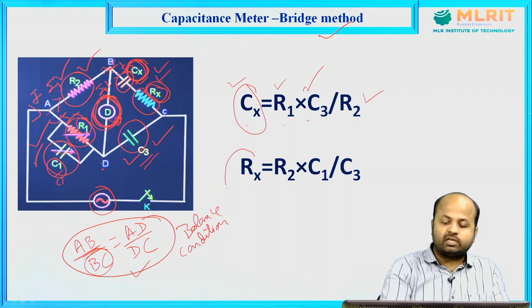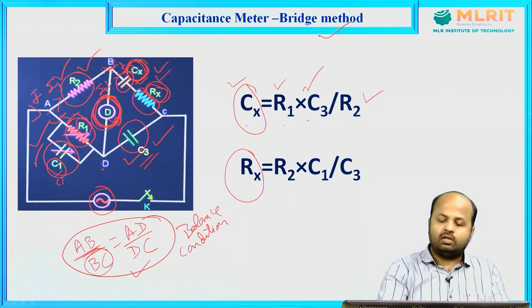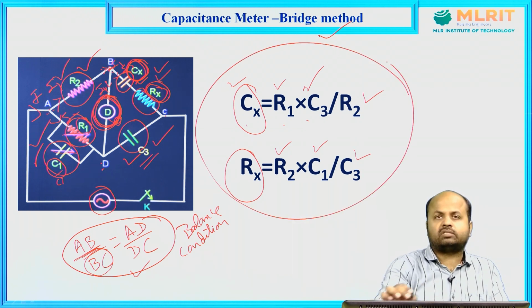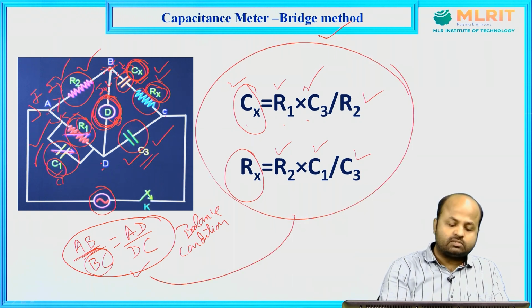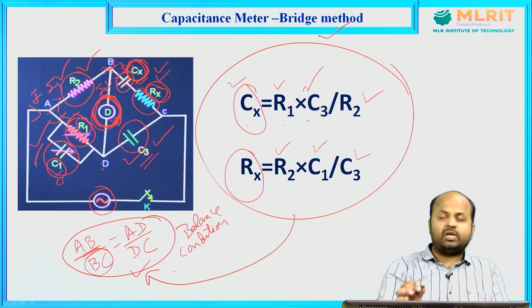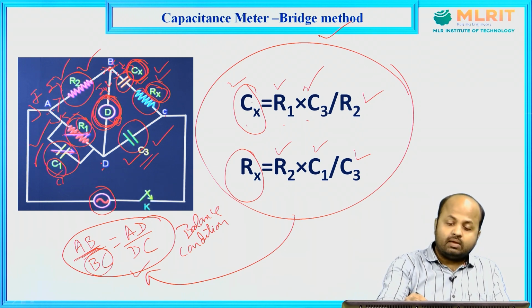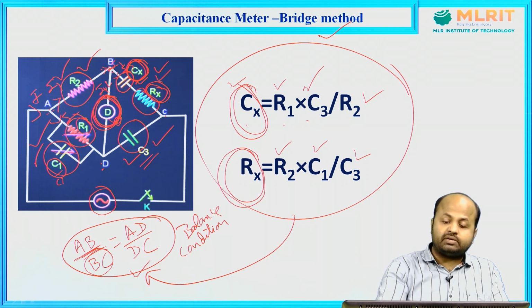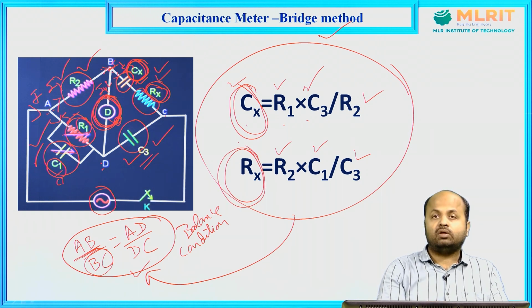Suppose how to find the internal resistance of a capacitor? R2 is known, C1 is known, C3 is known. So by using these two equations, which are derived from this balance impedance condition of a bridge circuit, we can get it in this way. So what is the benefit of the bridge method? Along with the capacitance value, we also get the internal resistance of a capacitor, which was not possible in the time constant method.